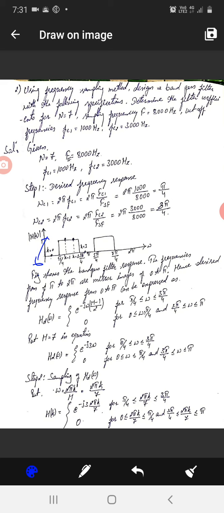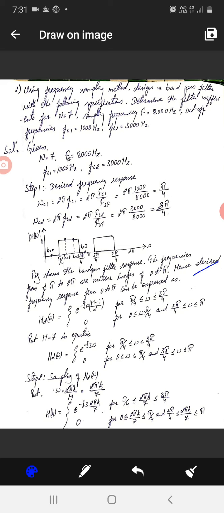Then from pi by 4 to 3 pi by 4, the signal passes through the band pass filter. Then the same is repeated from pi to 2 pi. So from 0 to pi and then pi to 2 pi, but our signal is represented only from pi by 4 to 3 pi by 4.